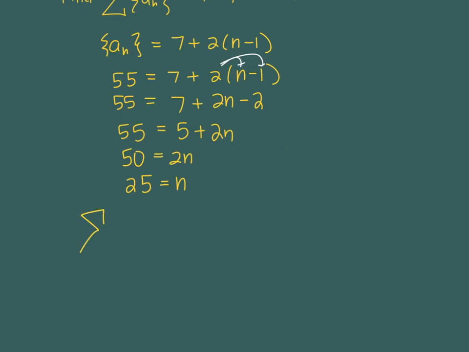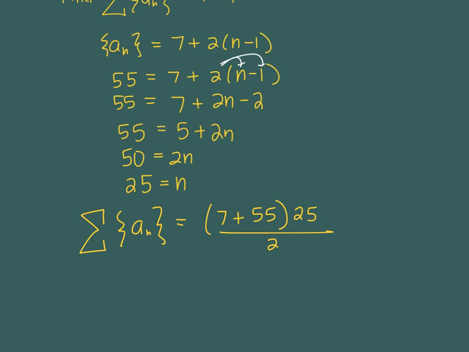If we want to find the sum of the sequence that we just did, we take the first term, which is 7. We add it to the last term, which is 55. We take n, which we discovered to be 25, and we divide the whole thing, I can write it like this, by 2.